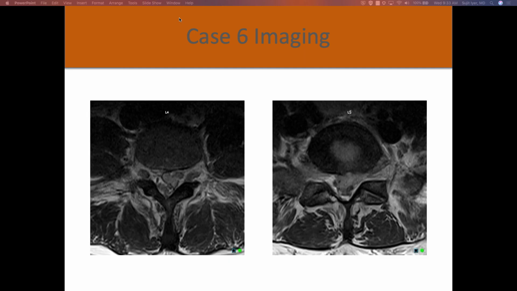And here it is on T2. Here's the vertebral body. And there's a process here, an epidural collection. This is displacement of the thecal sac posteriorly. Again, the disc here looks intact, but there's a ventral epidural process posteriorly displacing the thecal sac.